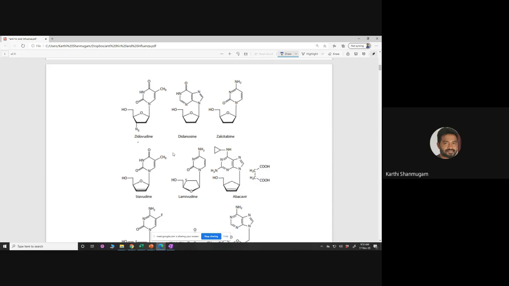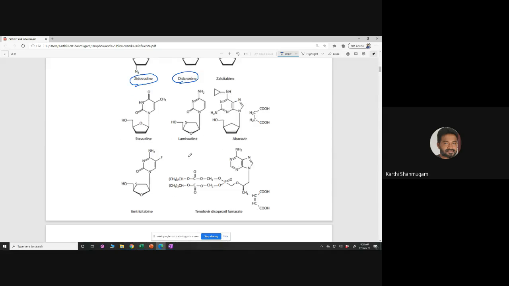The structure of zidovudine is important, didanosine is important, the structure of abacavir is important, right? It is not necessary to remember all the structures. That's not possible. So you can pick at least 2-3 structures which you feel are easy to remember. That's important for the examination.